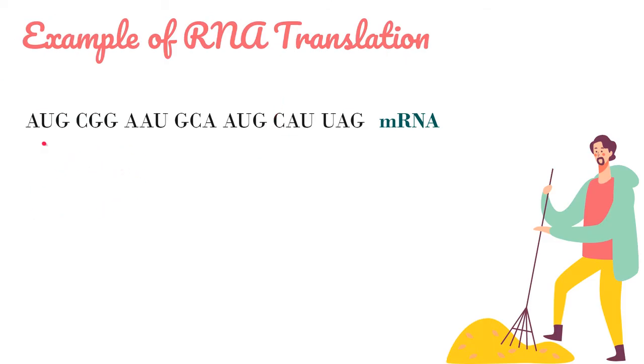So let's look at this mRNA strand as an example for RNA translation. They will be read by threes as codons, and they will correspond to a specific amino acid which will form the protein. So how do we do that?